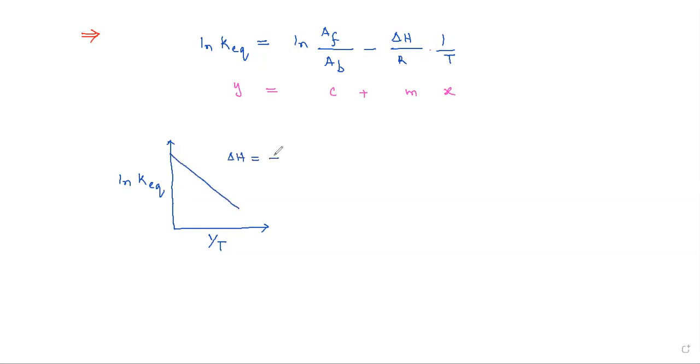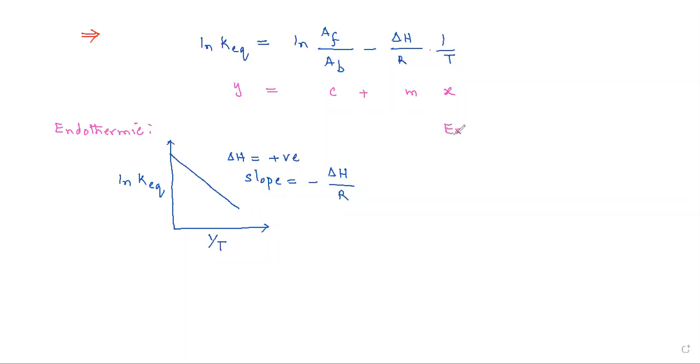For this, of course, delta H is positive because it is endothermic. Then as usual, the slope is minus delta H by R. Next, this is of course for endothermic reaction.